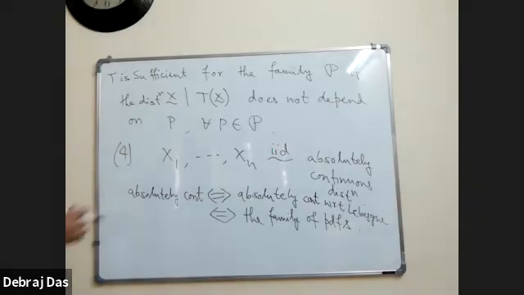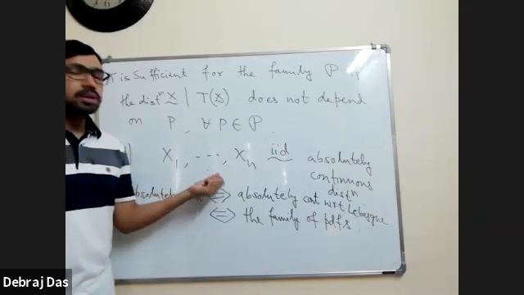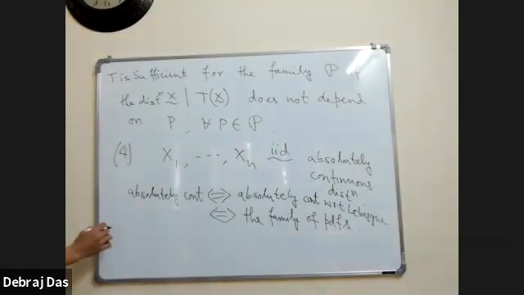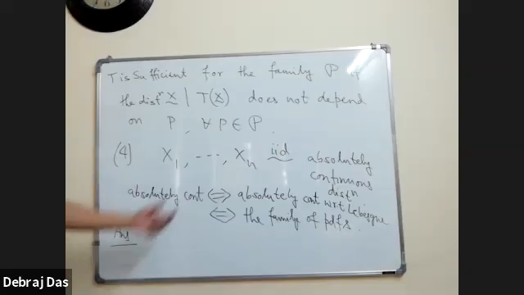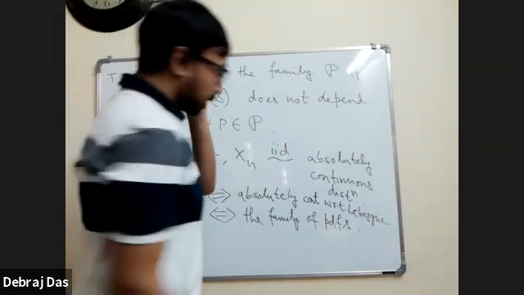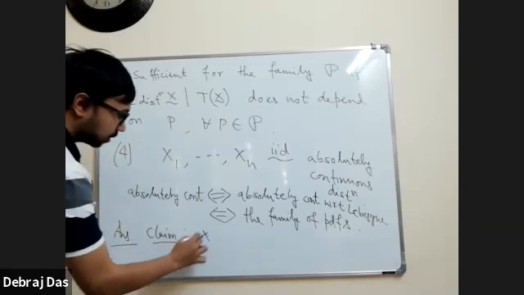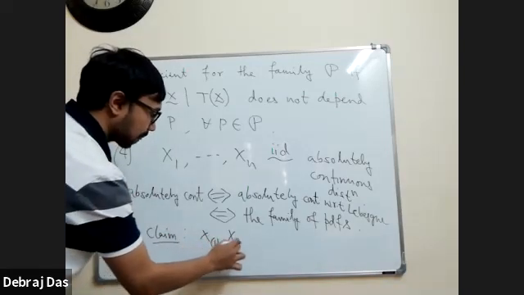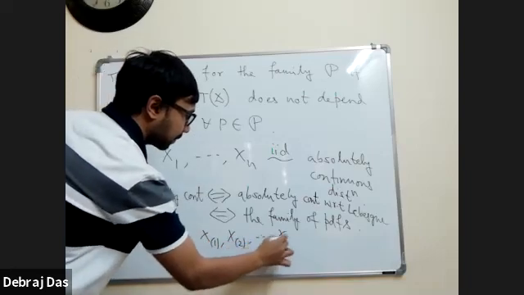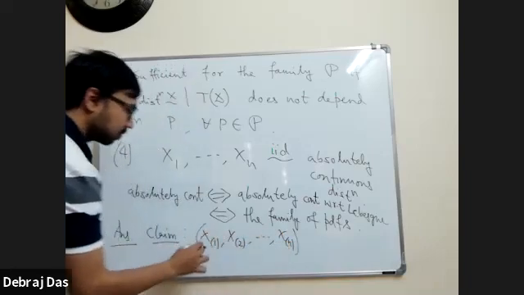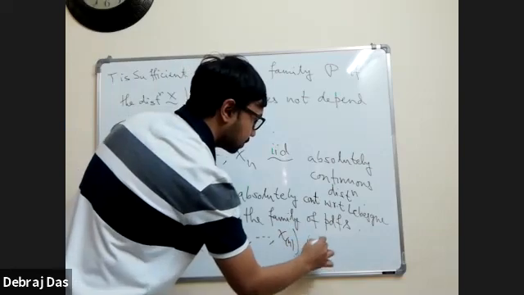Here we want to find some sufficient statistic. First of all, the sample is always sufficient. That is trivial. So what will be another sufficient statistic apart from the sample? The claim is that the order statistics are sufficient.